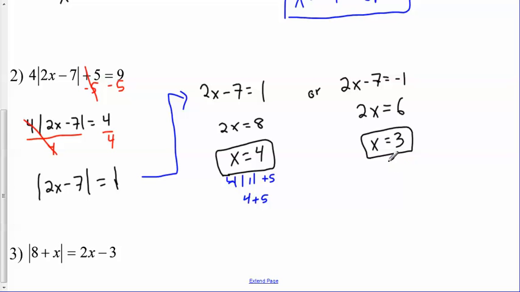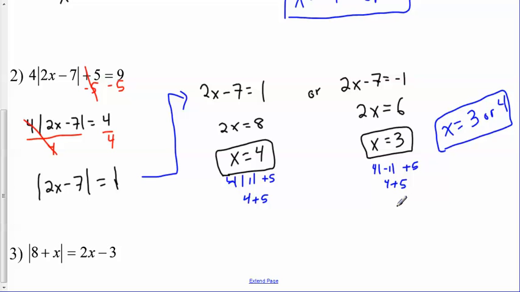And I have 2 times 3, which is 6. 6 minus 7 is negative 1. So I have 4 times absolute value of negative 1 plus 5. Absolute value of negative 1 is positive 1, so 4 plus 5, which does equal 9. And so this one works as well. So my answer is x equals 3 or 4.